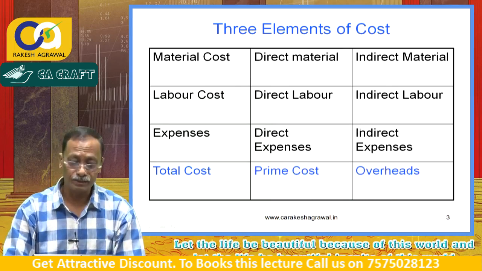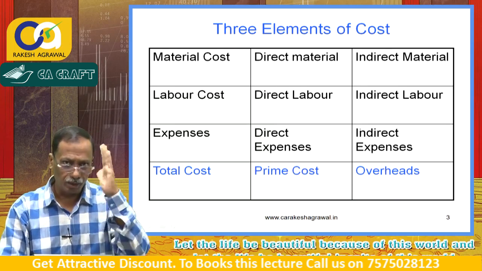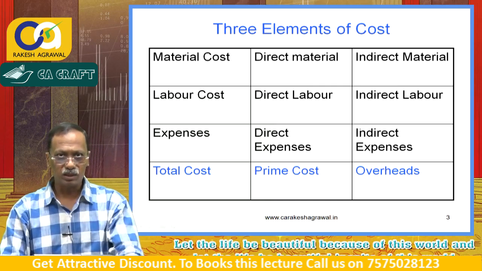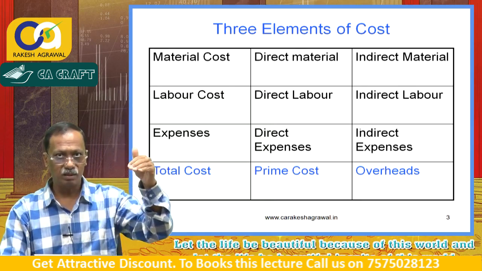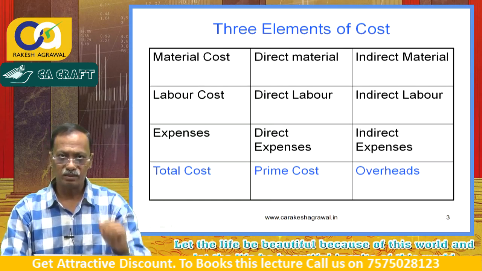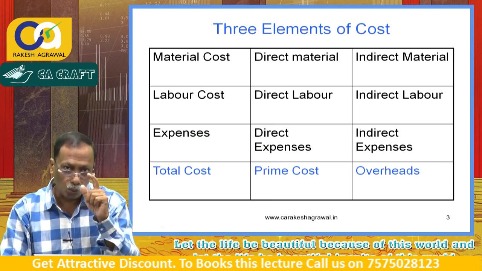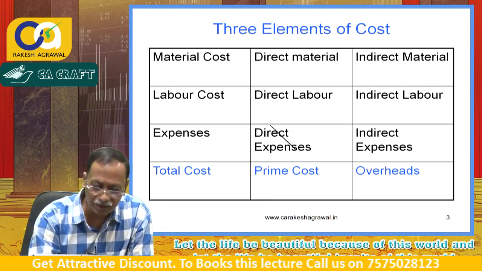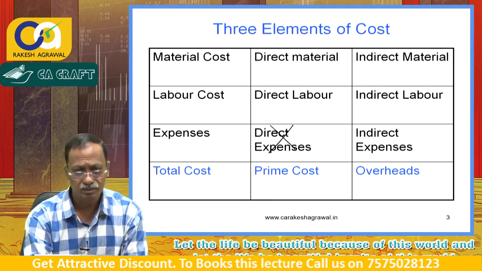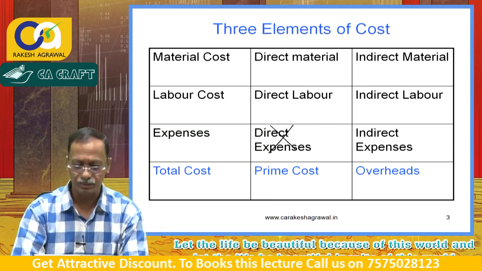Now in reality, my dear friends, if you remember, the cost sheet you have studied might be material plus labor plus overheads. This is the way the cost sheet is generally prepared. Now why is it prepared that way? The reason is that direct expenses come very rarely, because there are very few examples of direct expenses.